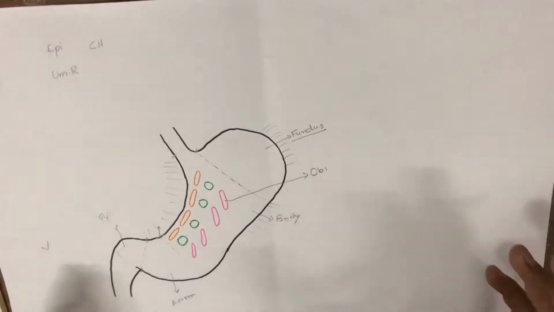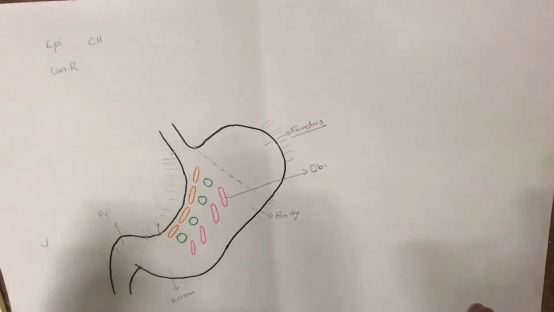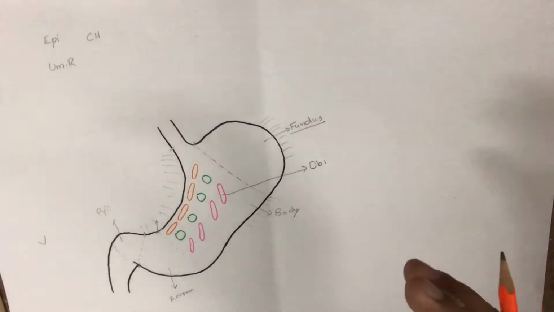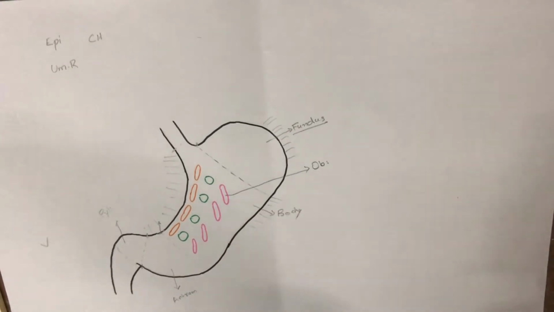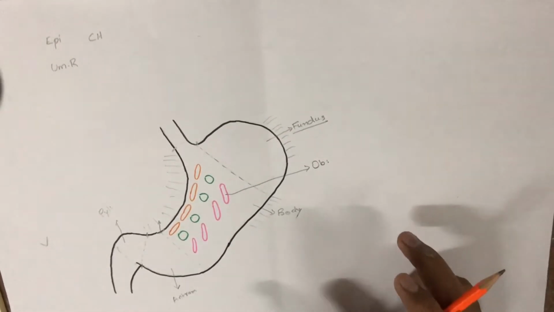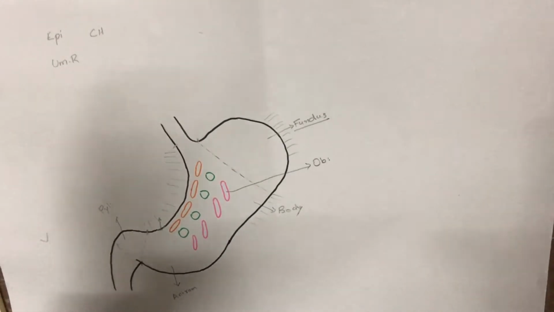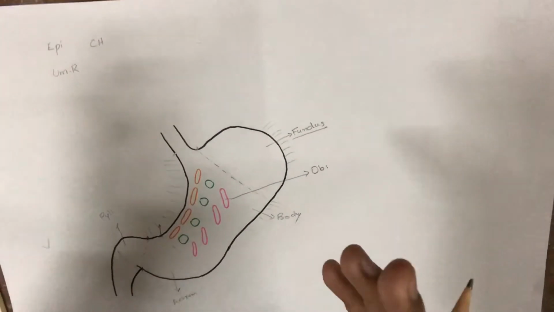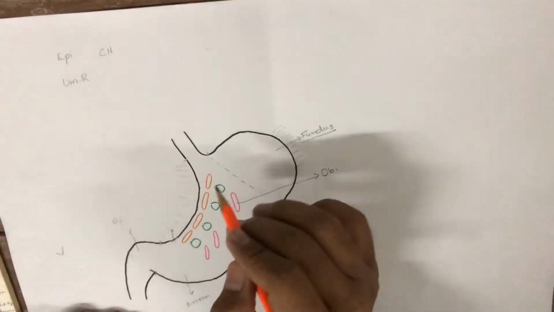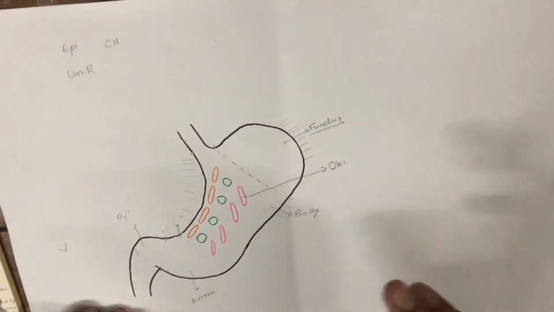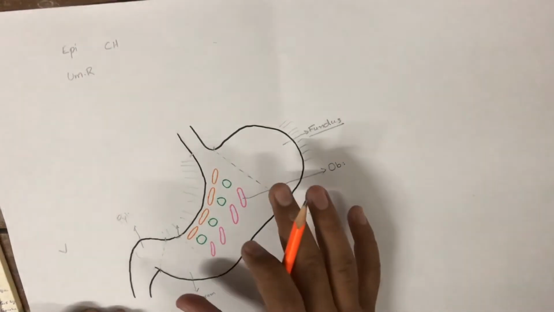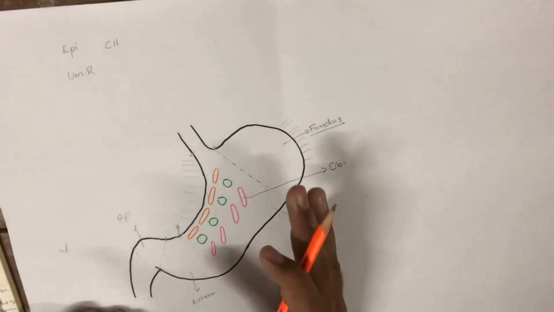So this is all about the parts of the stomach, and now I'm going to talk about the intraperitoneum and the retroperitoneum. Stomach is an intraperitoneal organ because an organ which is covered throughout by both sides of the peritoneum is called intraperitoneal. So stomach is completely covered by the peritoneum.